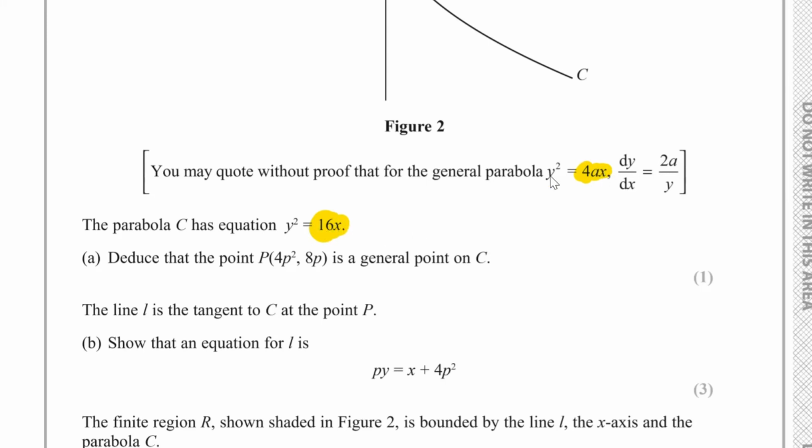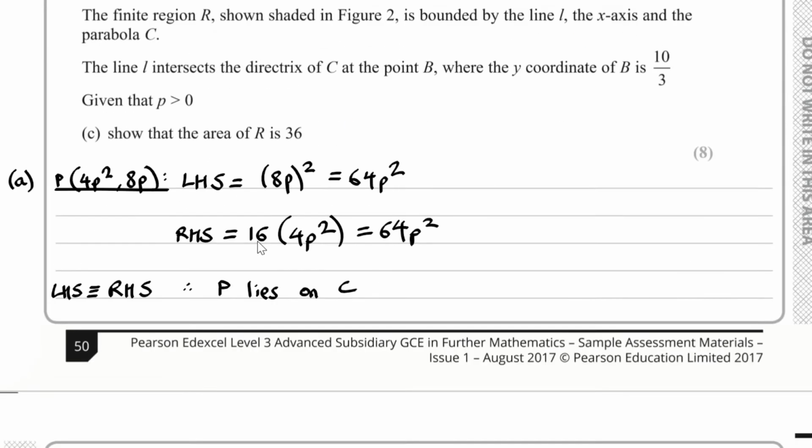Hopefully you can recognize that 4a is equal to 16 and therefore a is equal to 4. So let's write that down for part B. We have y squared equal to 16x, and therefore a is equal to 4. Hopefully that's quite easy to recognize.